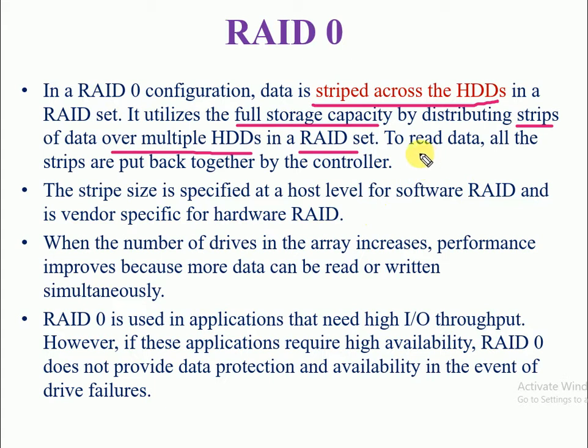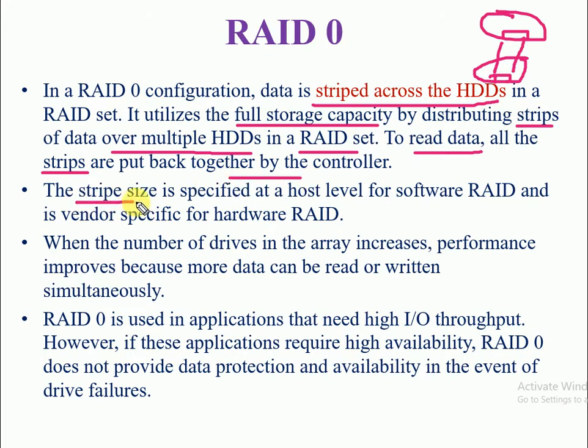So when we try to read data, all the strips are put back together by the controller. The same strips are taken under consideration for access to a particular data.